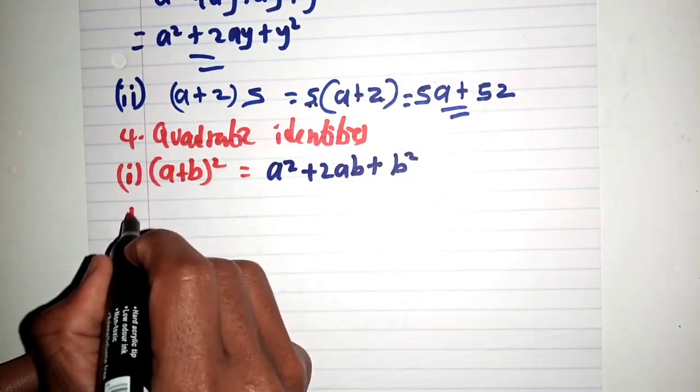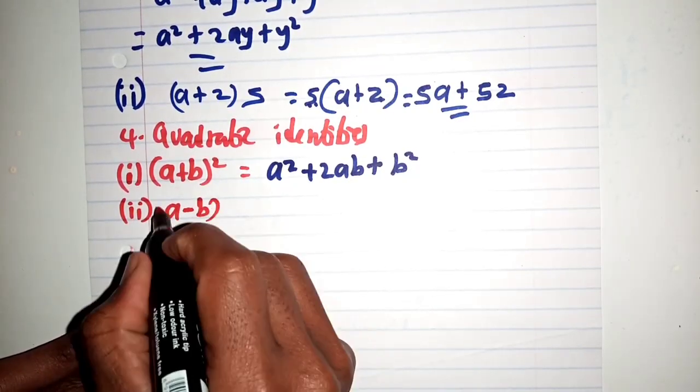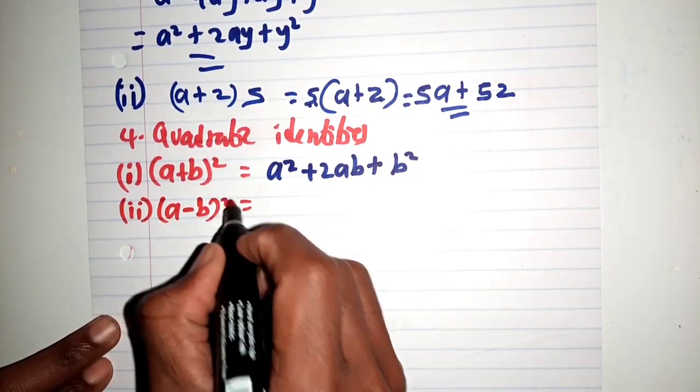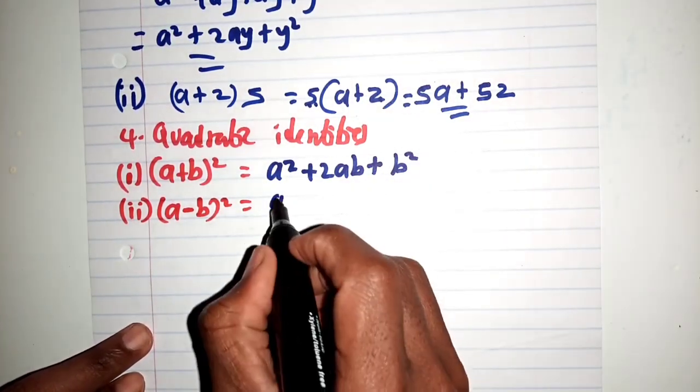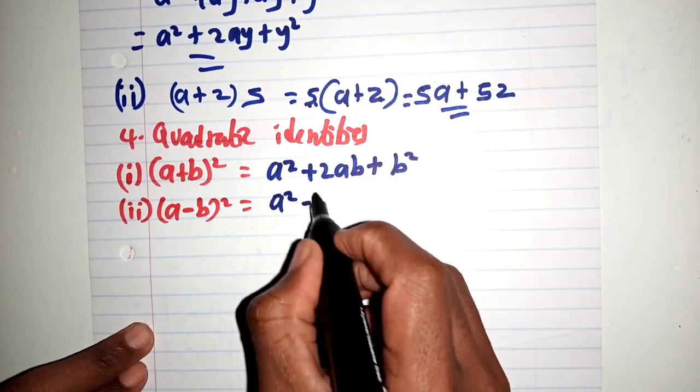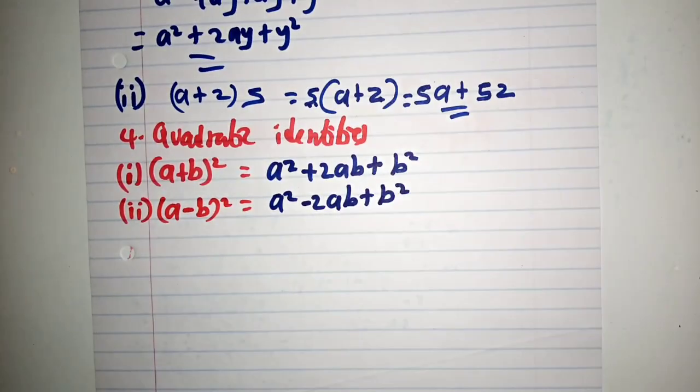When you have (a minus b) and you are told to square, you normally get a squared minus 2ab plus b squared.